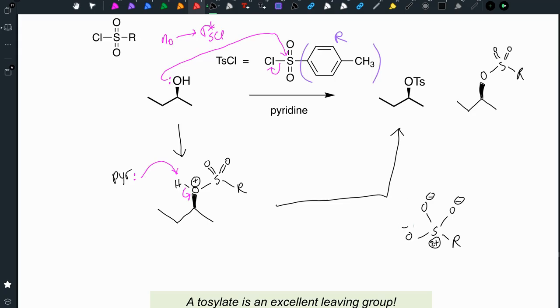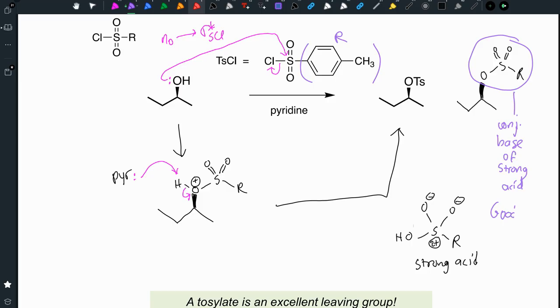So these things, if you put an H on it, this is a strong acid, which means this group here is the conjugate base of a strong acid. Which means it's a good leaving group.